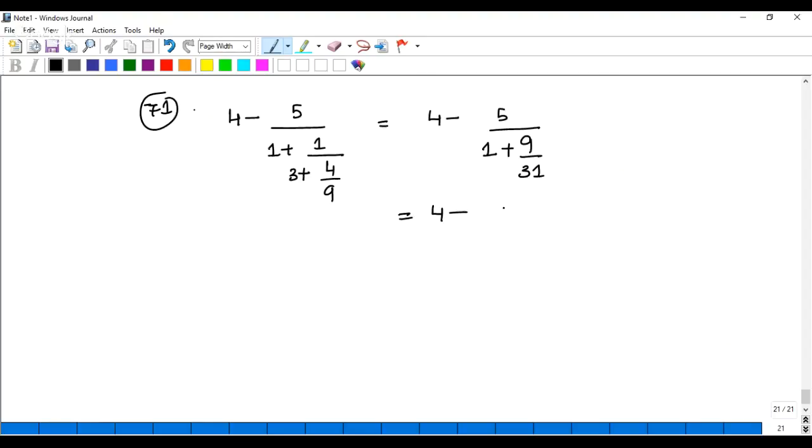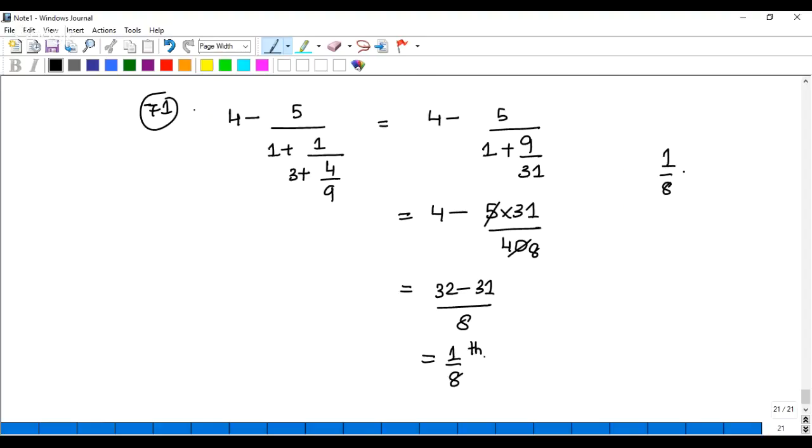Is 4 minus 5 into 31 by 40. So that is 32 minus 31 by 8 is 1 by 8th part.